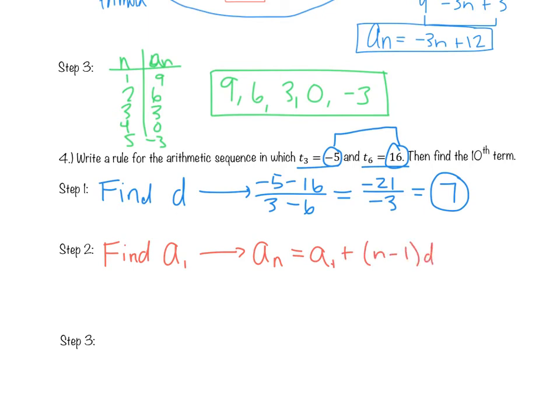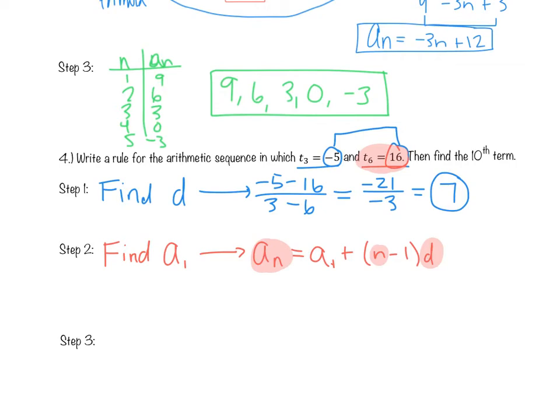And so we know d. Let me sort of highlight this. We know d now, and we can use one of our given pieces of information. Personally, I don't like to work with negatives, so you can use either one of these terms in here, but we can put them in for the terms and then the term numbers to solve for a sub 1. You can use either one, it doesn't matter.